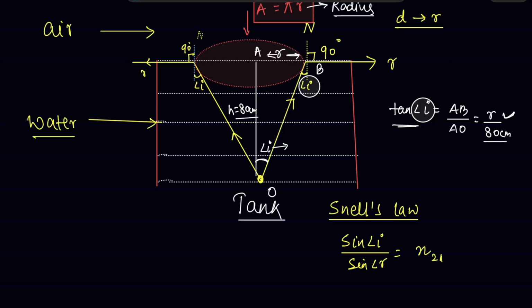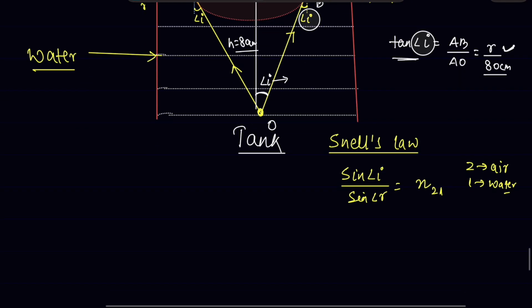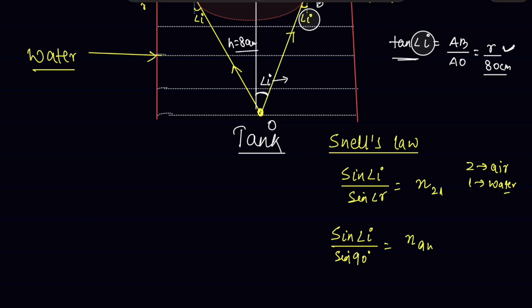As I told you previously, the ray is moving from denser to rarer medium. So in this case, 2 represents our air medium and 1 represents water medium. So here it can be also written as sin I by sin R, where R is 90 degree. So sin 90 degree is equal to n air-water.